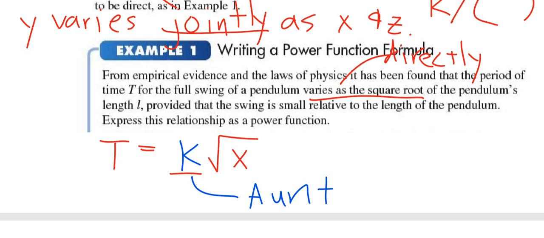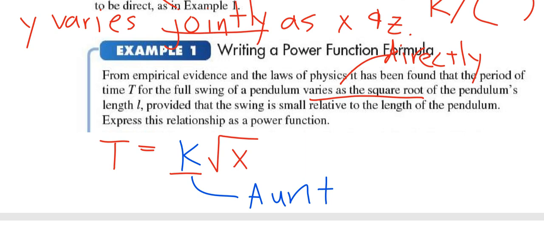When you're looking at these problems, nobody's going to say anything about K. But you need to remember that she's there. In fact, you'll lose credit if you don't put that in there. If you're changing something from its stated English sentence into the mathematical sentence, you need to have that constant of variation K there. It's possible that more information is going to be given to you to find that constant of variation.